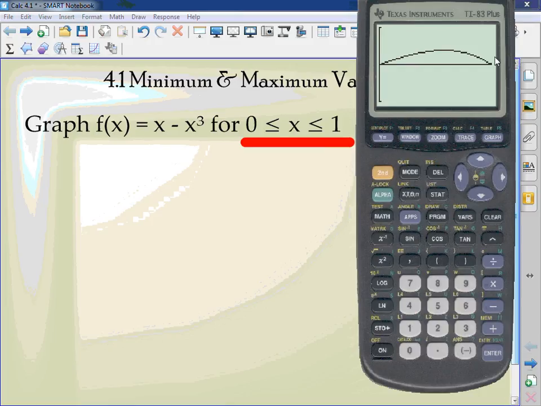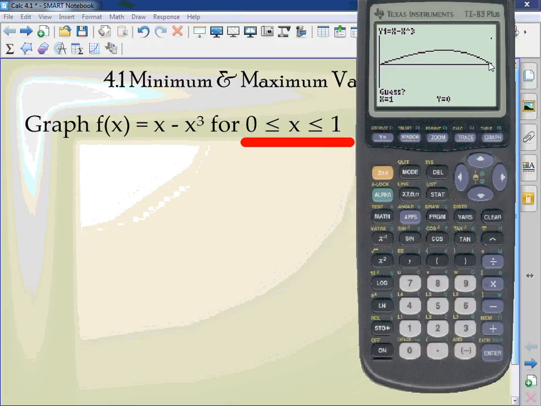How can I find the maximum value? Second trace, 4. I need a left bound and right bound. I know it's in between negative 1, or sorry, 0. Put my left bound as 0. My right bound is 1.